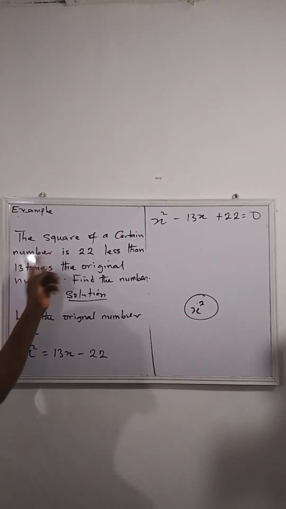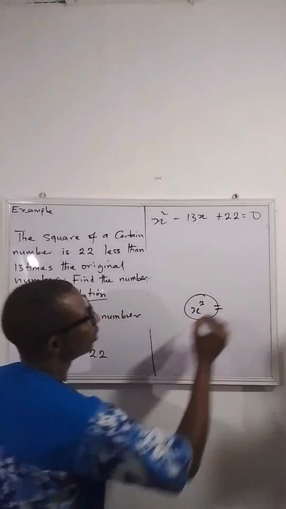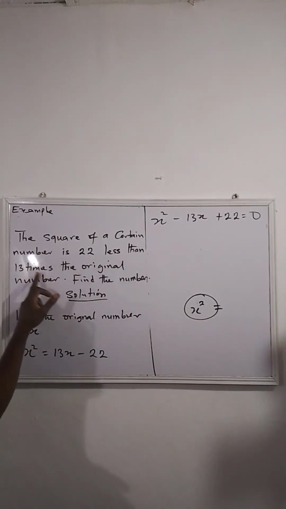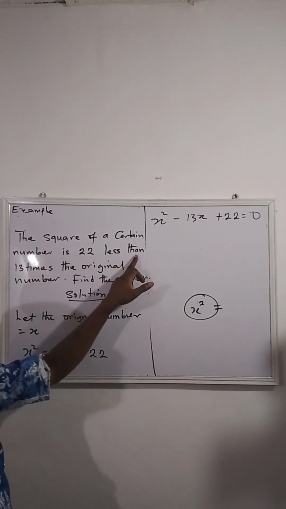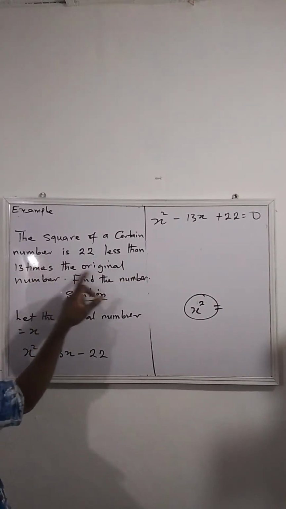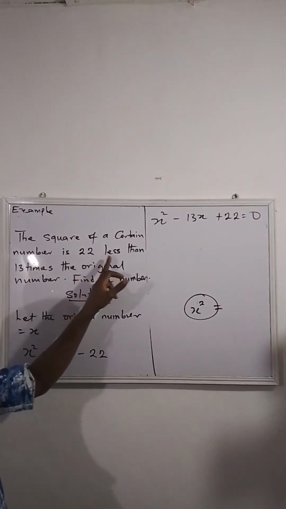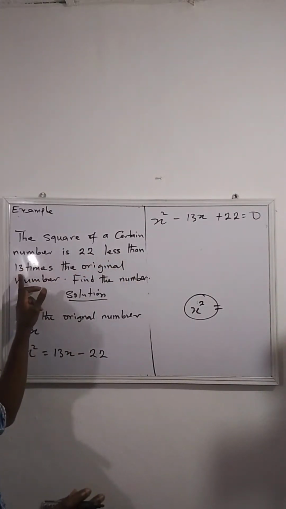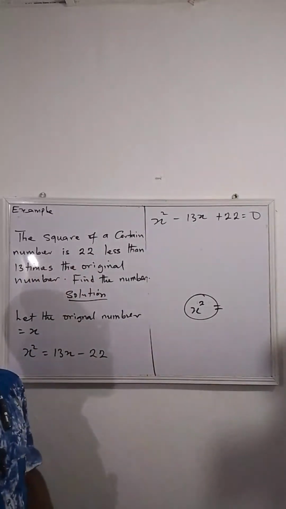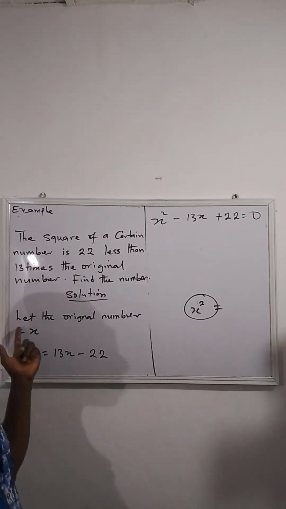Now, the square of a certain number is equal to 22 less than 13 times the original number. 22 less than, it means 22 minus 13 times the original number. That's just the meaning. Okay, so that is just the statement.